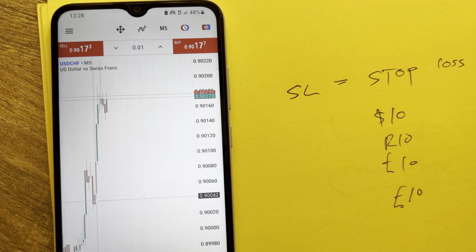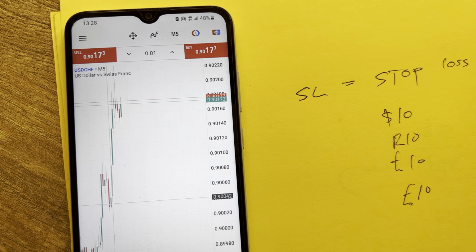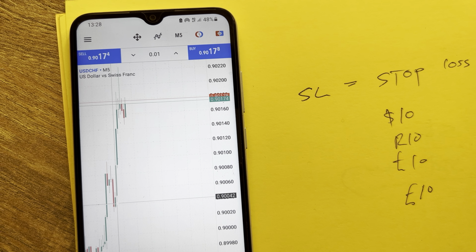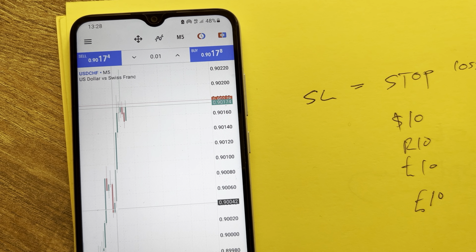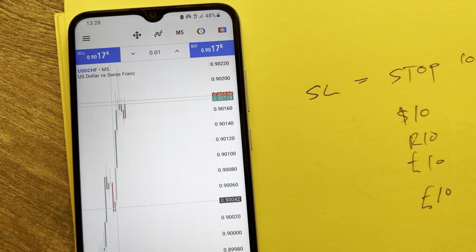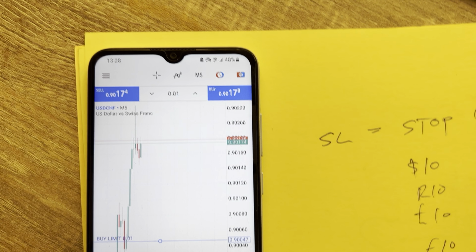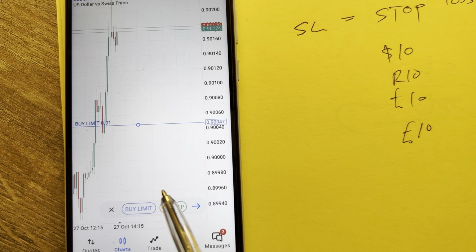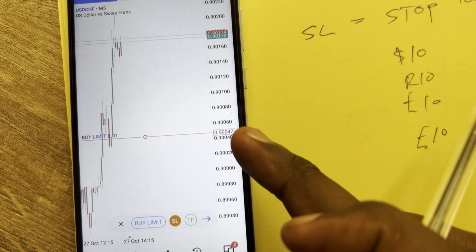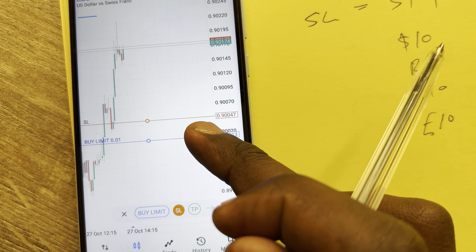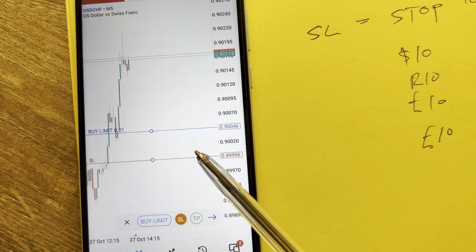And then, to set the stop loss, it's simple. We can either buy and set the stop loss later, or we can use orders such as this buy limit here. The buy limit has a stop loss, so we tap stop loss there, and then we can move this part of the stop loss down here.